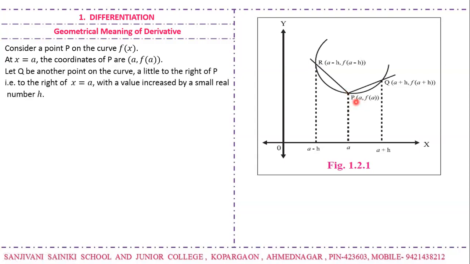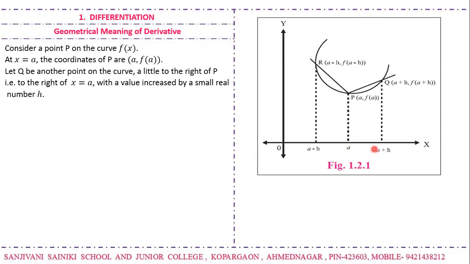Now we will take another point Q on the curve, a little right to P. So this is right to P, at x is equal to a with the value increased by a small real number. Take a small real number, suppose just like a delta x.